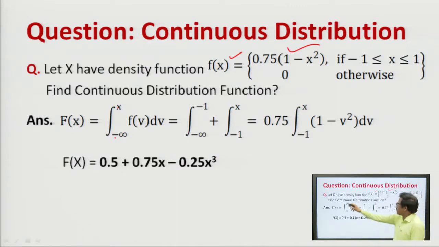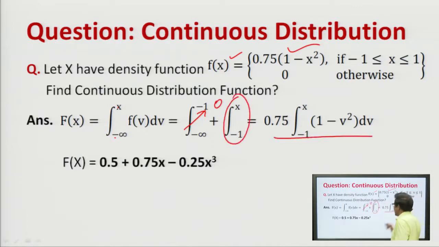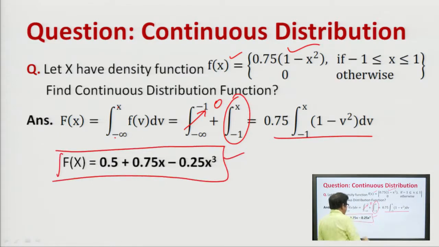So, minus infinity to x can be written as minus infinity to minus 1 and minus 1 to x, and when we integrate, the first part gives you 0 and this limit gives you, after integrating, this value. F(x) is equal to 0.5 plus 0.75x minus 0.25x cube, which gives you the probability distribution function.